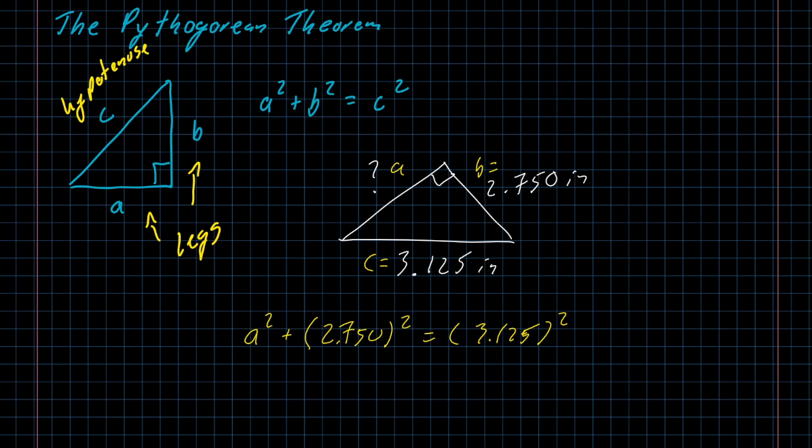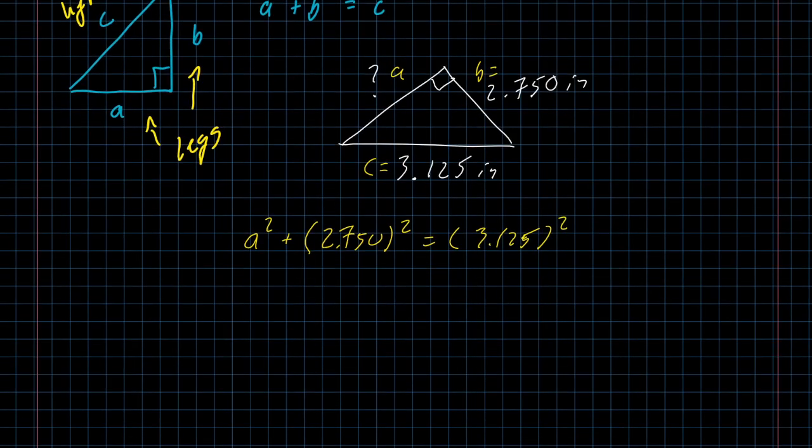My calculator is happy to do the remaining work. 2.750 squared comes out at 7.563, rounding to 4 significant digits. And 3.125 squared comes out at 9.766, again rounding to 4 significant digits.